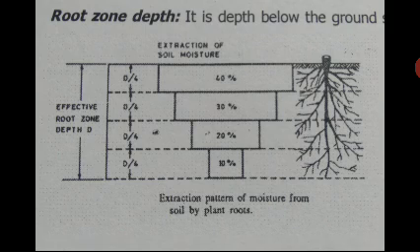Temporary wilting. Temporary wilting of plants may occur on a hot, windy day, but plants recover from wilting in the cooler portion of the day or during the night without any addition of water to the soil. Thus, temporary wilting of plants may occur even without much reduction in the soil moisture content.